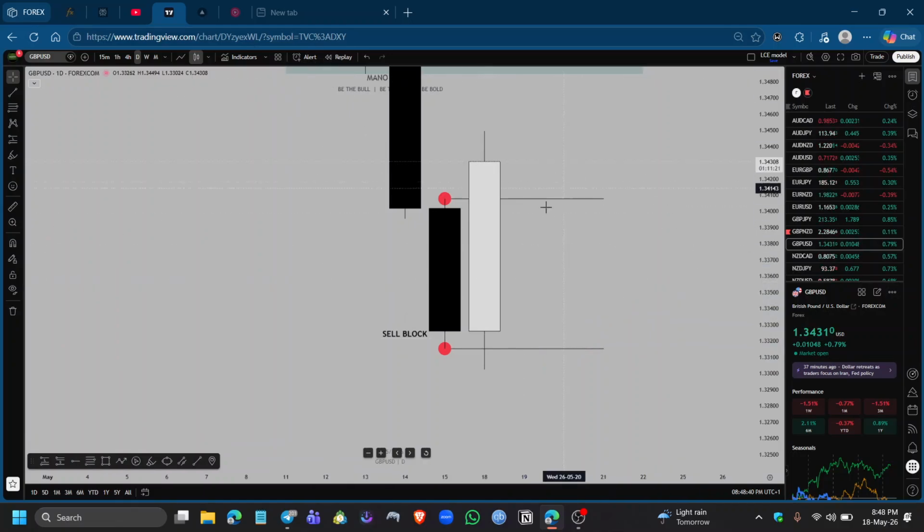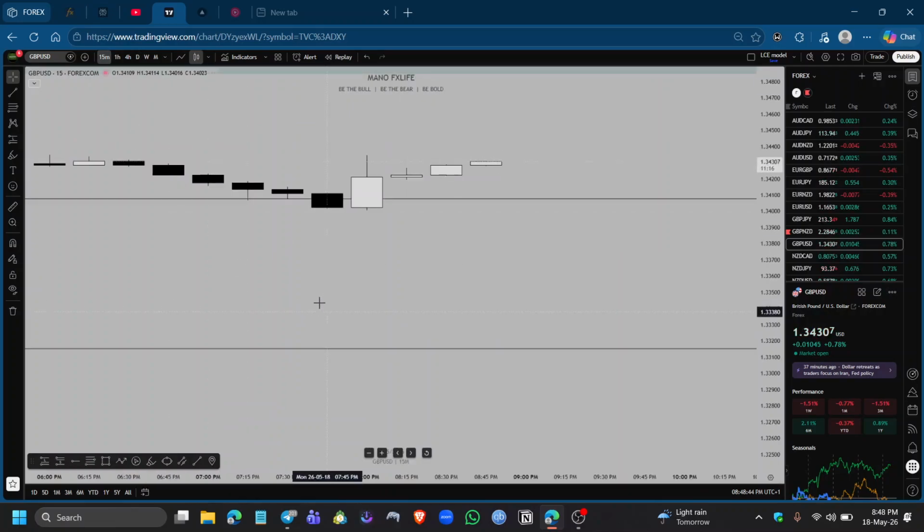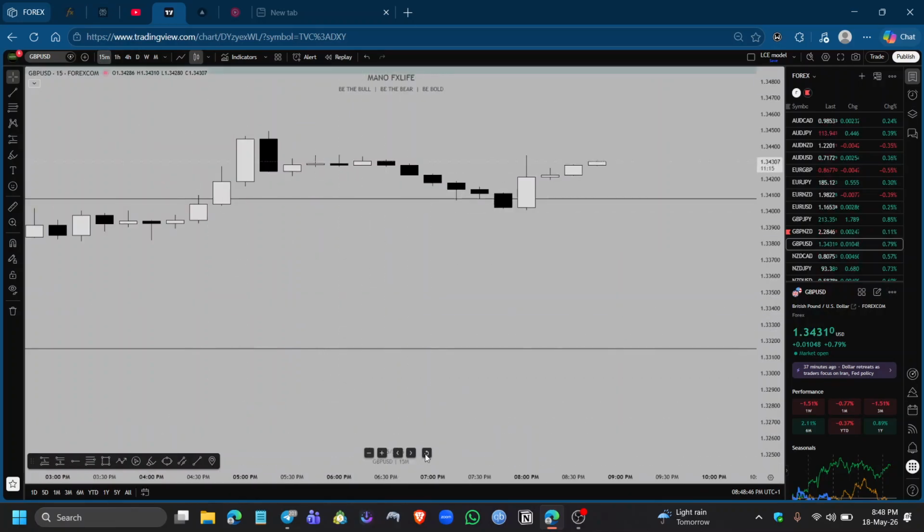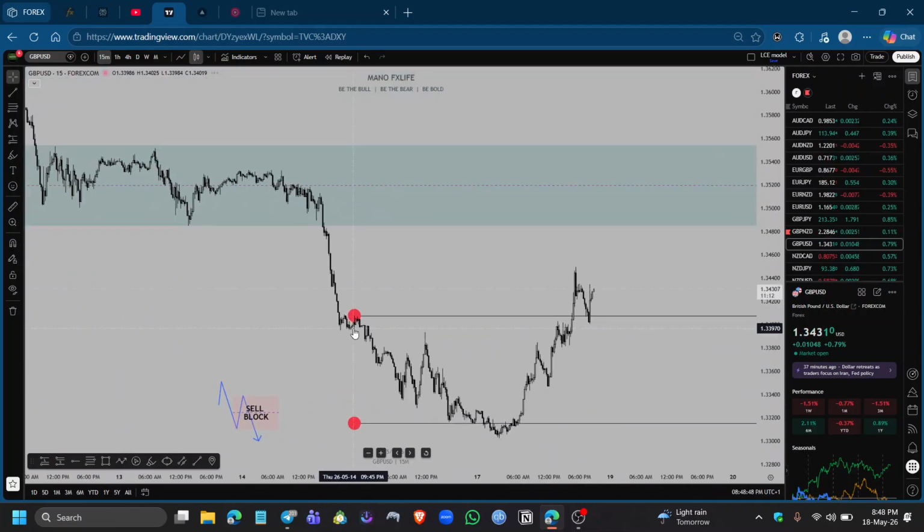Yes. Now there's something you will go and look for in 15 minutes: you are looking for a break of structure upwards. How do you get your break of structure? If you draw out the movement, you see it's going down, down, down.